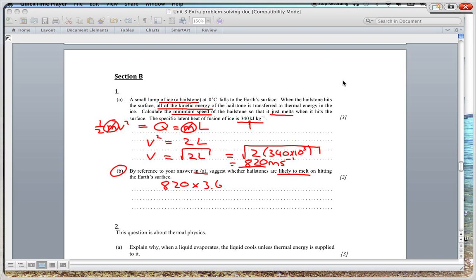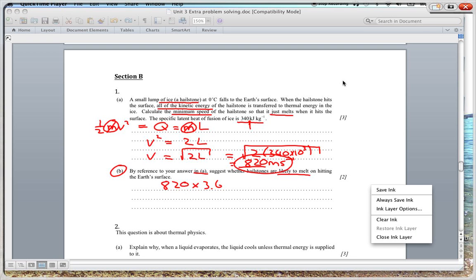That's very big. It's very likely that the hailstone is going to have reached its terminal velocity a long time before that, or at a much lower velocity. So due to this velocity being required to be so high, it will not melt.